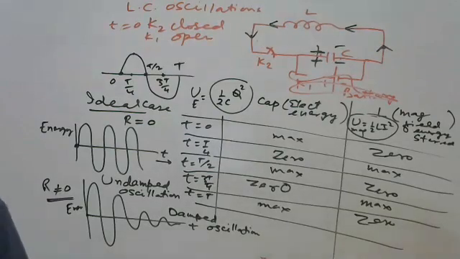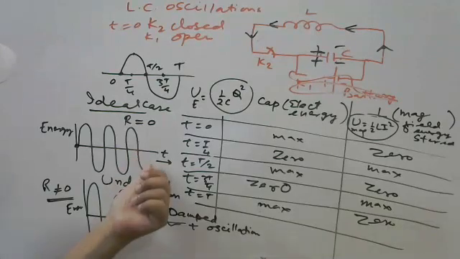Can anybody tell what is the difference between the damped oscillations and undamped oscillations? Only resistance is there.